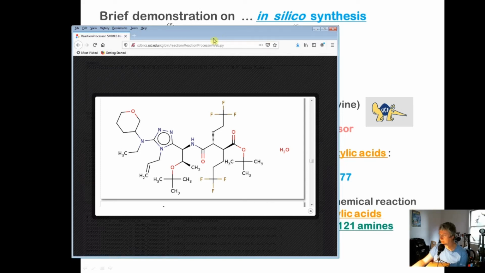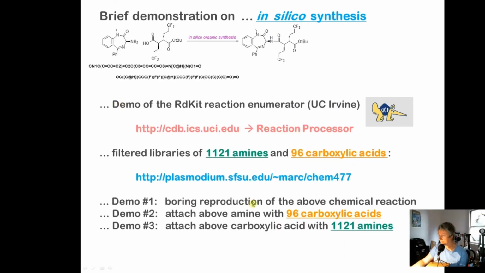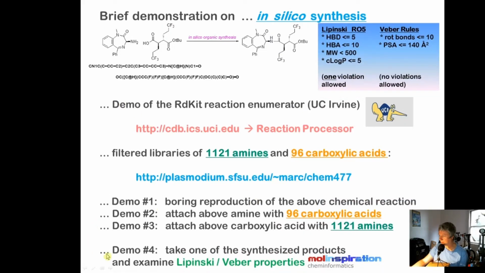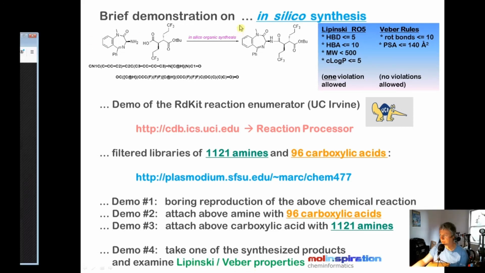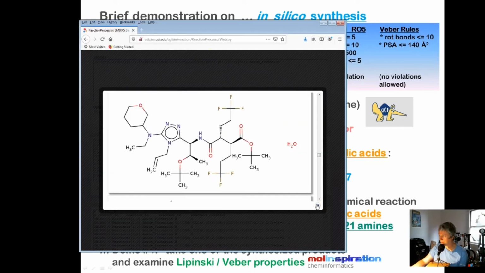So let's, as a last demo, take one of the synthesized products and examine the Lipinski properties and Veber properties, because we can do this. We don't have a good way to virtually screen this library right now, but we can at least do Lipinski. So how do we do that? Let's just close this.